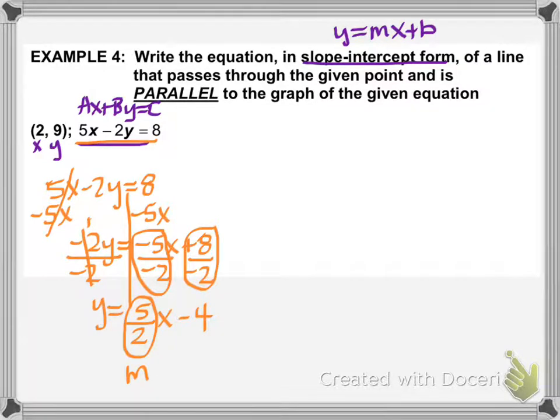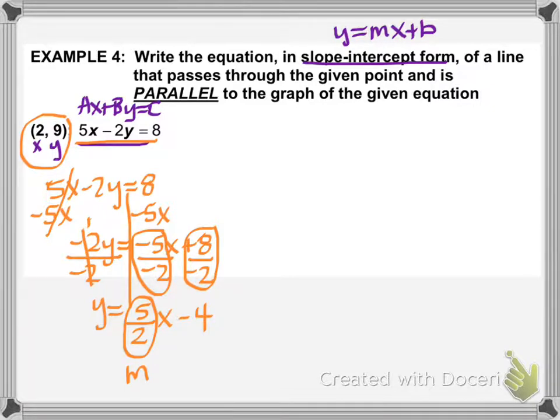Now I'm going to be rewriting the equation of another line that's parallel or has the same slope of 5/2. I also want it to travel through this point of 2, 9. Now if I just wanted a normal parallel line, I could come up with any equation that had this 5/2 as the slope, but I also want it to go through that particular point.